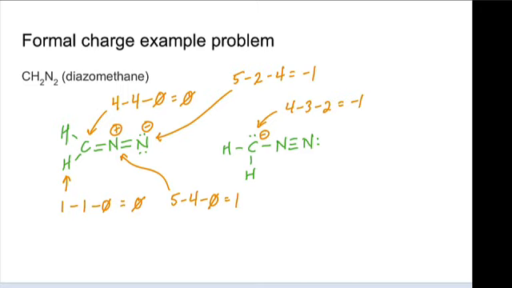Nitrogen with 4 bonds and no lone pairs, valence of 5, has a +1 formal charge. So I put a plus right there. And then this last nitrogen, valence of 5, 3 covalent bonds, and 2 lone pair electrons. So no formal charge. You see, either way, it's a net neutral compound. There's a negative charge right next to a positive charge in both structures.